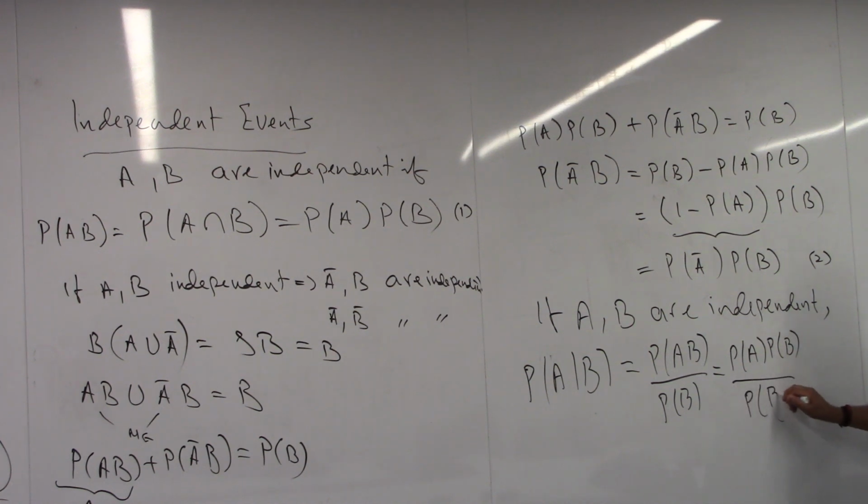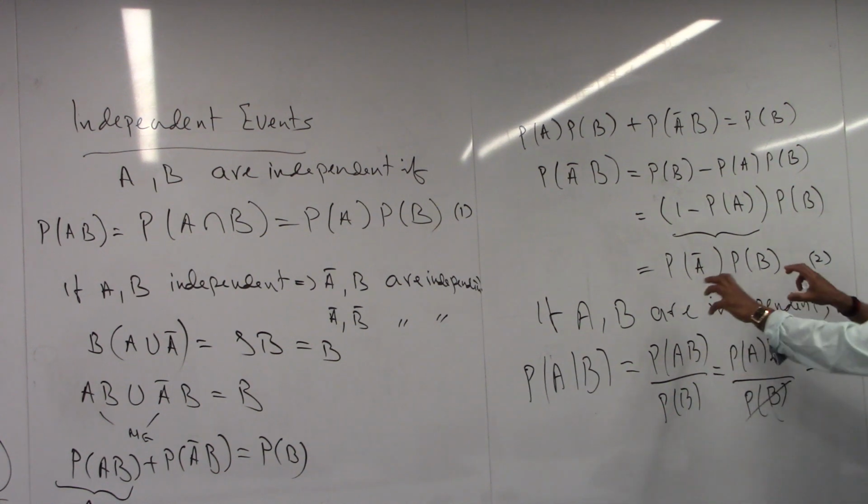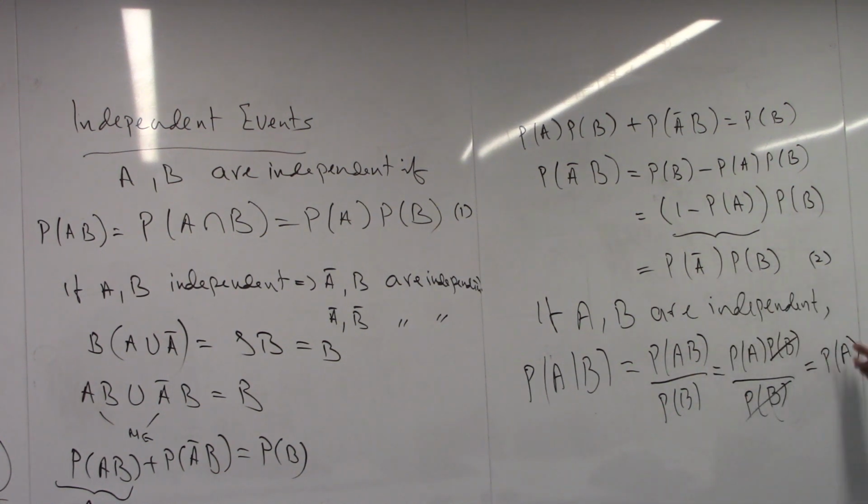So P(B) cancels and you get P(A). That means the conditional probability is the same as the unconditional probability. That makes sense. If A and B have nothing to do with each other, knowing that B has occurred should not improve our knowledge about A. So this is also another check that both the definitions are compatible.